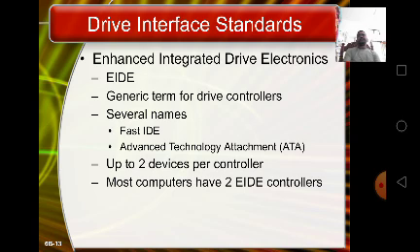Each offers somewhat different features and performance. For example, some EIDE disk controllers can host as many as 4 separate hard disks, providing access to more than 500 GB of data on a single system.